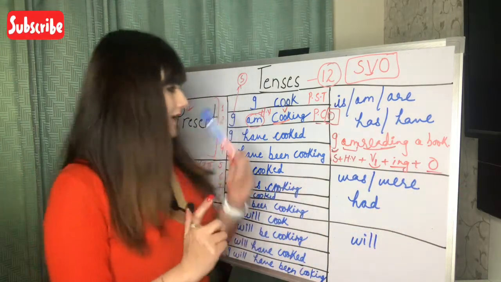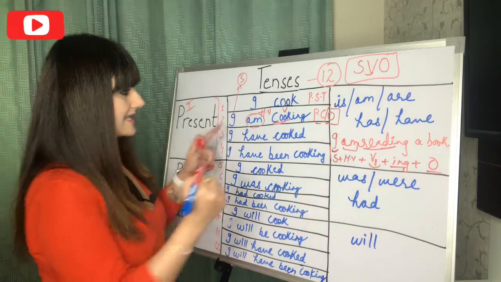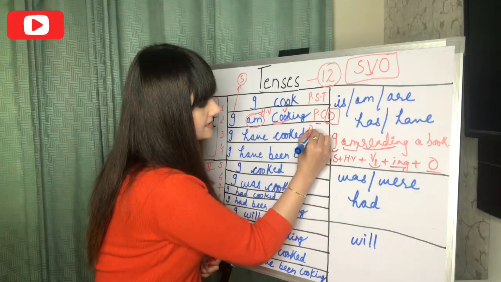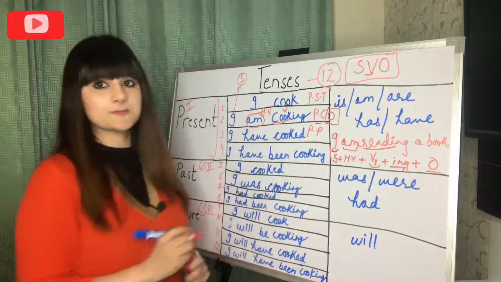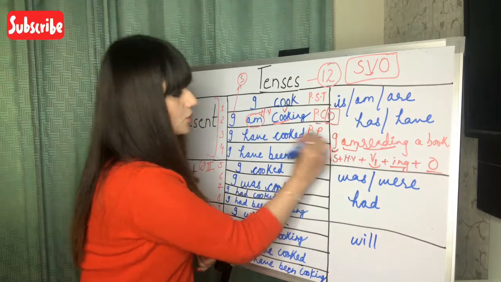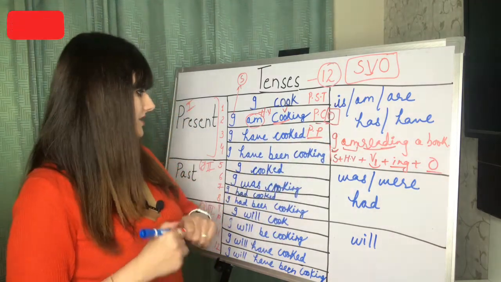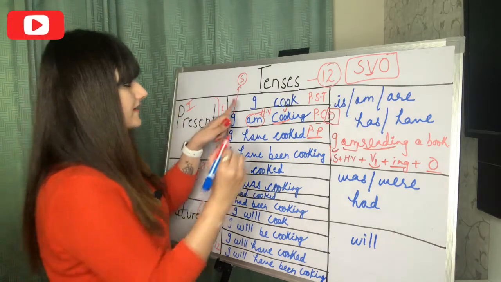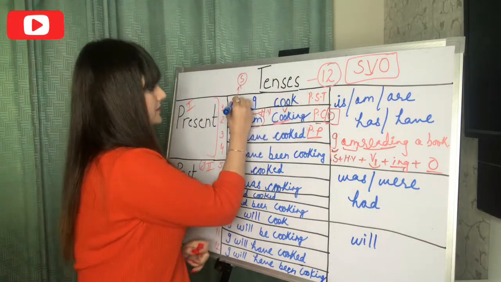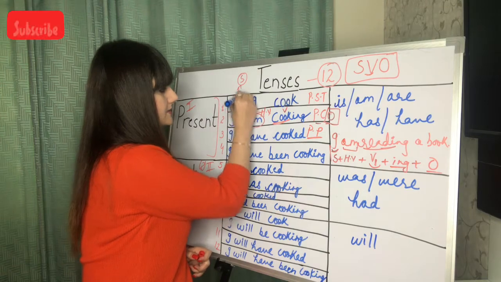All right. Moving forward, next one is your present perfect tense. Now, when we are talking about present perfect tense, let me tell you one more thing. When we are talking about present simple, this is your basic tense.